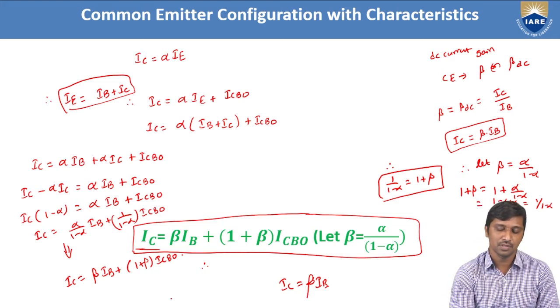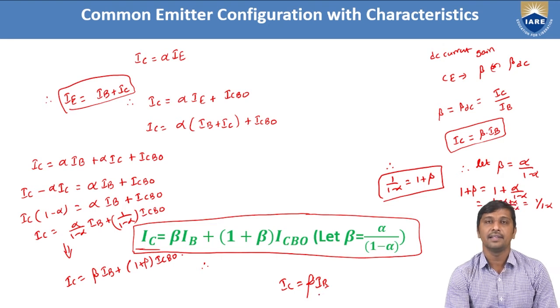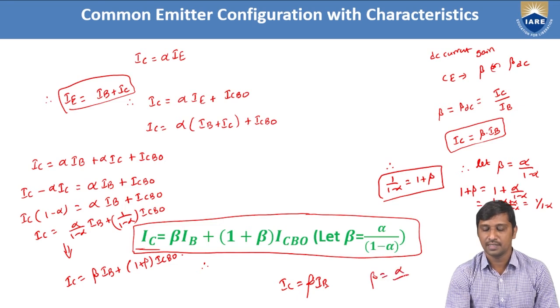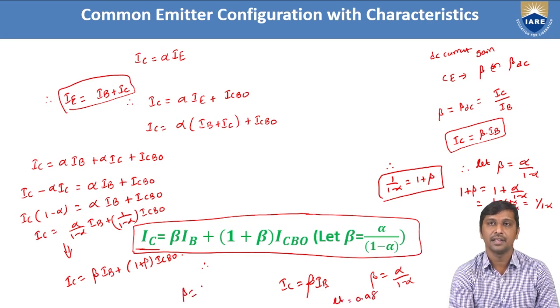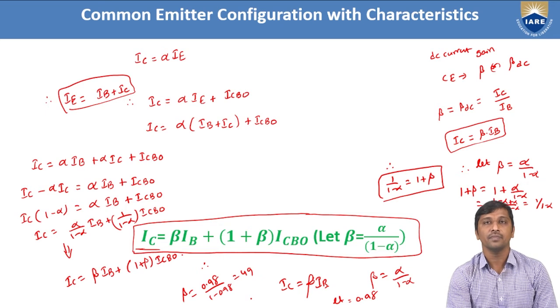Why? This beta is related to the DC current gain of the common base configuration. What we have taken here, beta is represented as alpha by 1 minus alpha. If alpha is 0.98, then what happens to the beta value? Beta is equal to 0.98 divided by 1 minus 0.98, that is equal to 49.